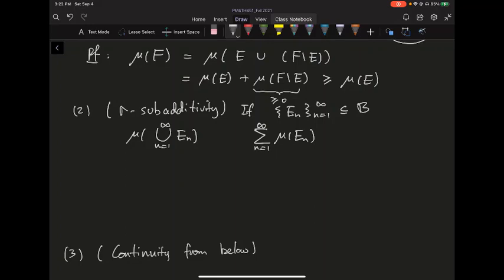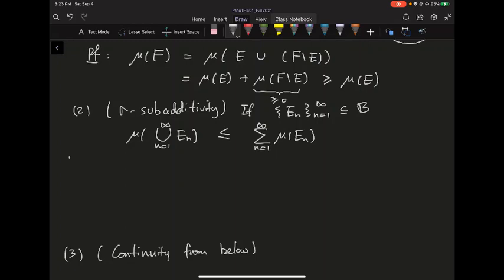So when you do the summation on the right, adding these En up, all the overlap gets double counted. So the right-hand side is ideally something bigger. So subadditivity is saying the mu of the union is bounded above by this summation. All right, so let's prove this.